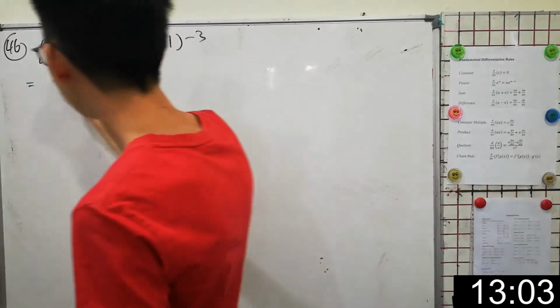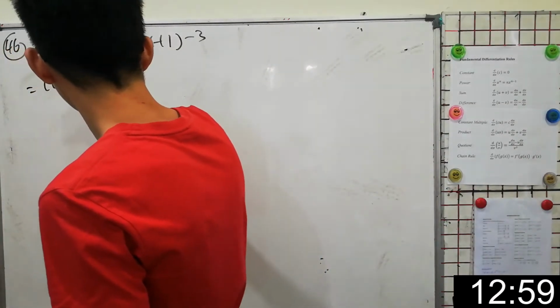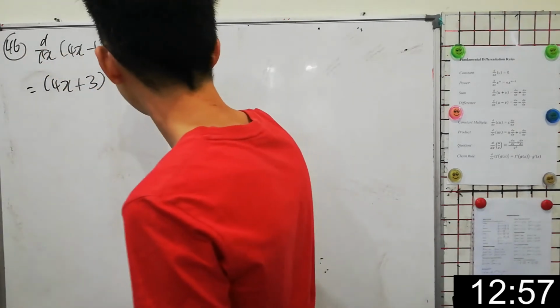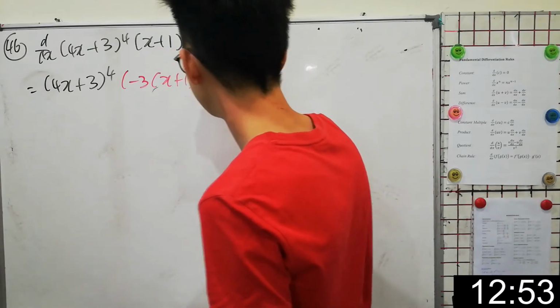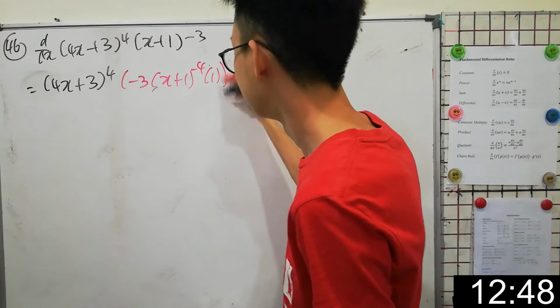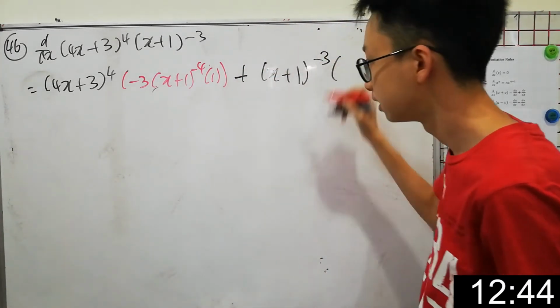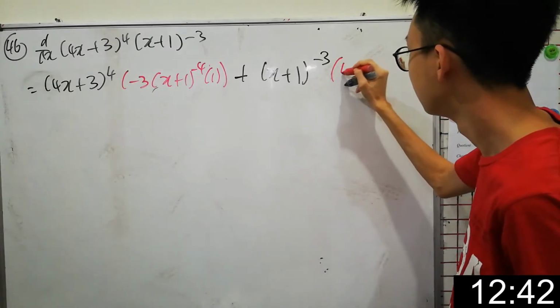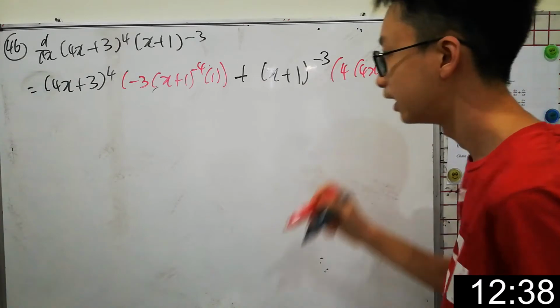So you copy the first function, differentiate the second function, x plus 1 to the negative 4, then times the inside function which is 1, then plus you copy the second function, then you differentiate the first function, 4x plus 3 to the 4th.